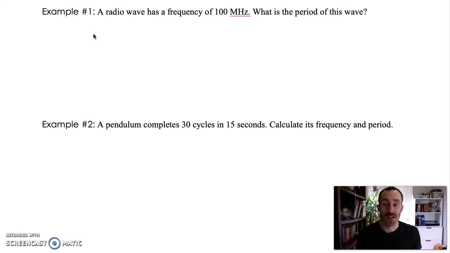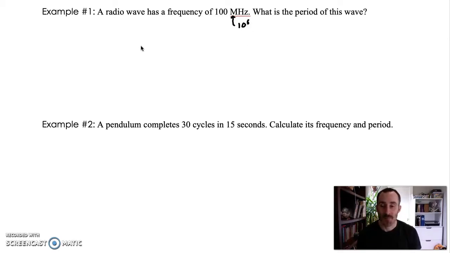A radio wave has a frequency of 100 megahertz. What is the period of this wave? If it tells us the frequency, we can figure out the period because they are reciprocals of each other. Now it says that the frequency is 100 megahertz. And this mega means 10 to the power of 6.